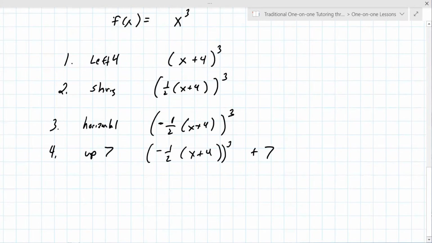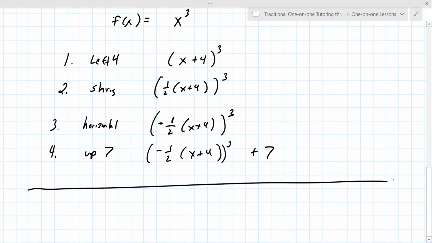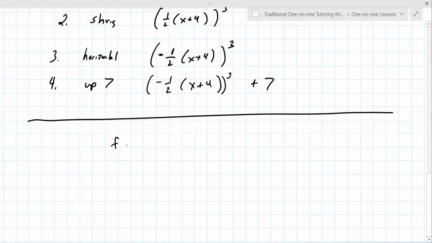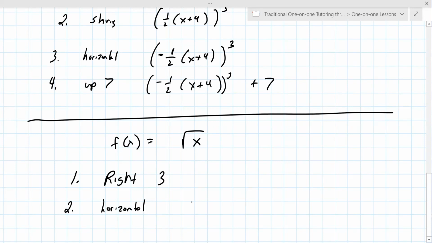So let's try another one here. Let's say you're starting with f of x equals the square root of x. So the first thing we'll do is we'll go right 3. We'll do a horizontal shrink by 4, and that turns into a different number.